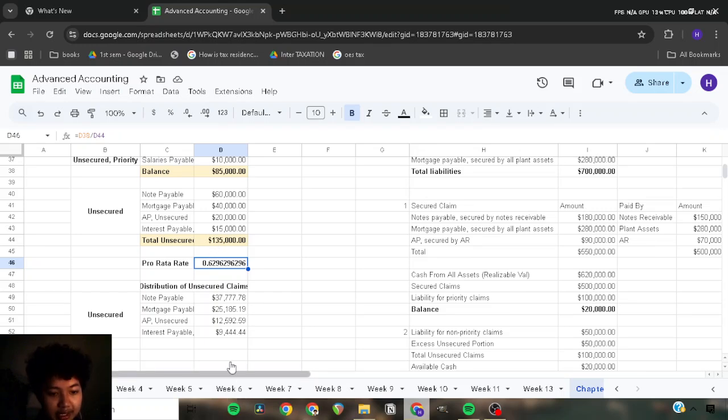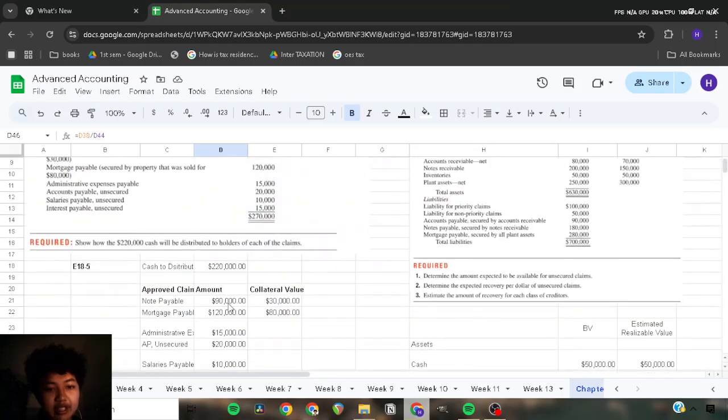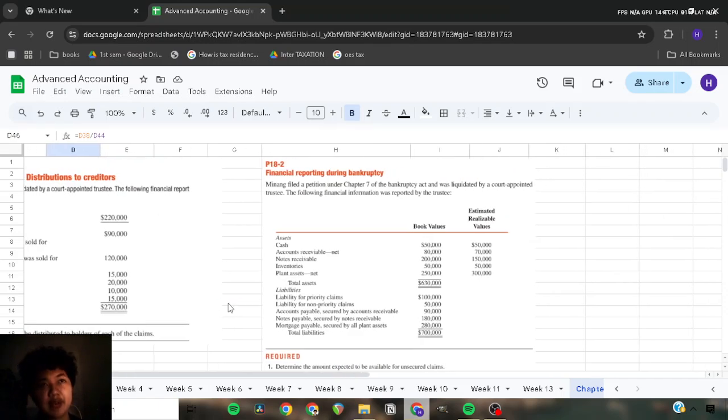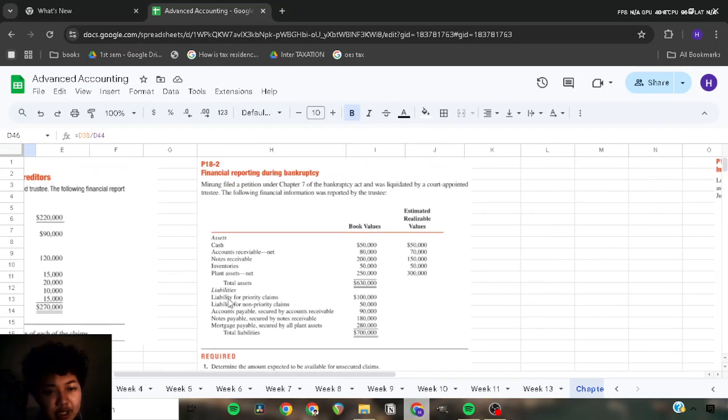So it goes like this, and you have the numbers here. That's how I did it. The key takeaway here is that you cannot pay all of your debts because you're going bankrupt, so you have to make sure that they get the portion that they deserve, even though the amount is not full. Moving on to the second question.